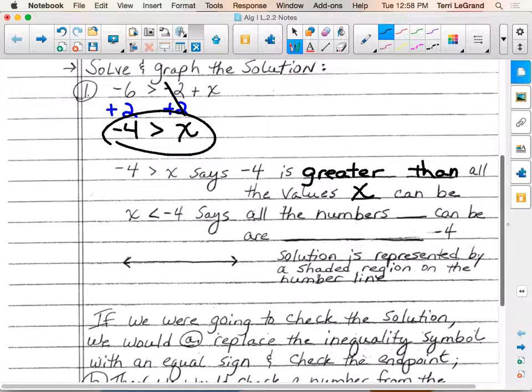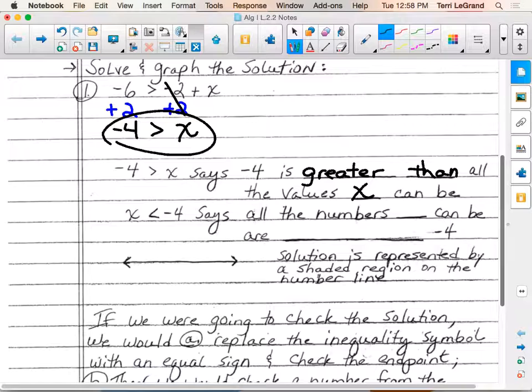So give me an example of a number for x for which -4 would be greater than it. There aren't very many, you can't think of any? Presley? -5. How about -4? No, -4 is not greater than itself, and it doesn't say it can be equal to itself, right?